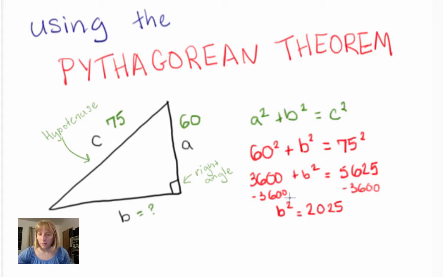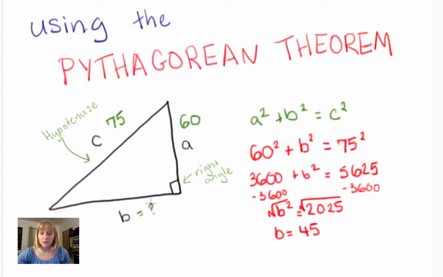Well, the opposite of it is you take the square root. To get rid of a squared, you can take the square root. So the square root of b squared is regular b, and the square root of 2,025 is 45.